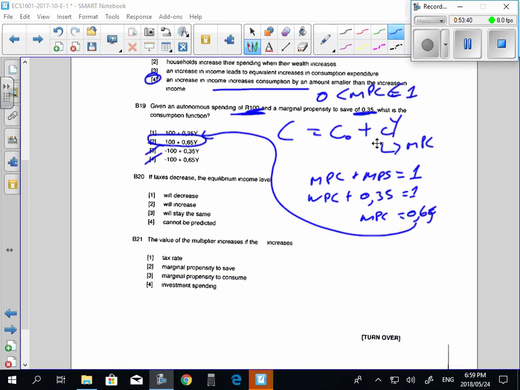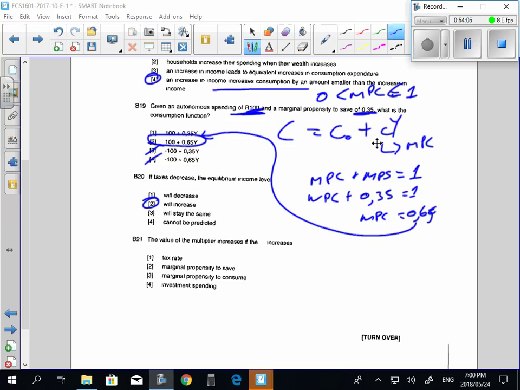If taxes decrease, the equilibrium level of income will increase. Okay. You need to know the factors that would affect the slope of your aggregate demand function: the MPC, the MPI, which is your marginal propensity to import, and the tax rate. Okay.